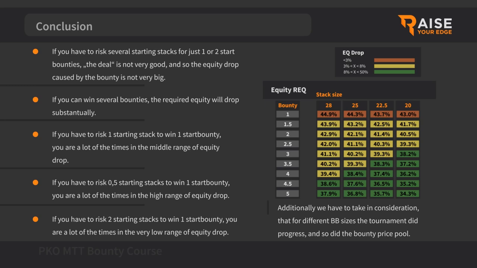So in the first scenario, of course, way fewer players are remaining in the tournament. And this we want to also take into account, that the bounty prize pool progresses at different big blind sizes.